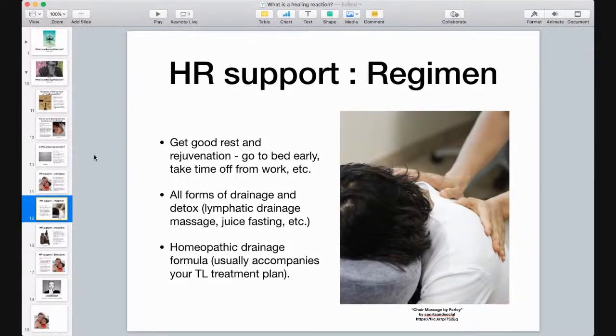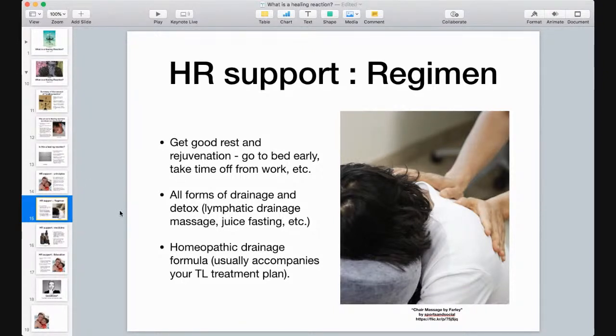Get good rest and rejuvenation, go to bed early, take time off from work if you can, etc. Same as when we get a cold or a fever, we just want to stay home and stay in bed, give ourselves 24 or 48 hours to get back on our feet again. All that good basic common sense applies here.